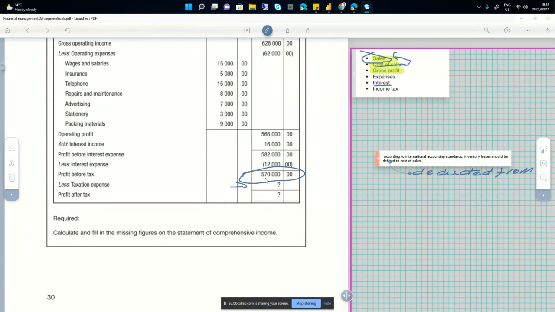But then when we say 570 times 0.28, then the amount here should be 159,600. And then we can minus 570 minus 159,600 and we get the profit after tax.